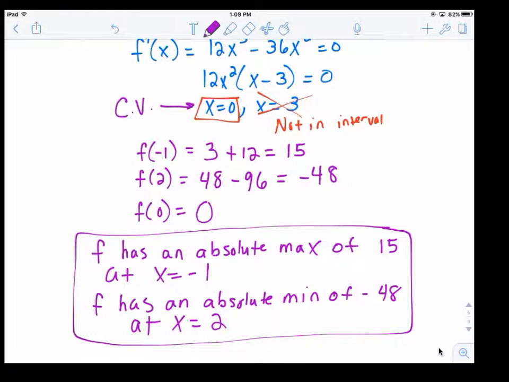Say this was like 20. It would be the same thing. f has an absolute max of 20 at x equals 0. Yeah, you have to test all of them.